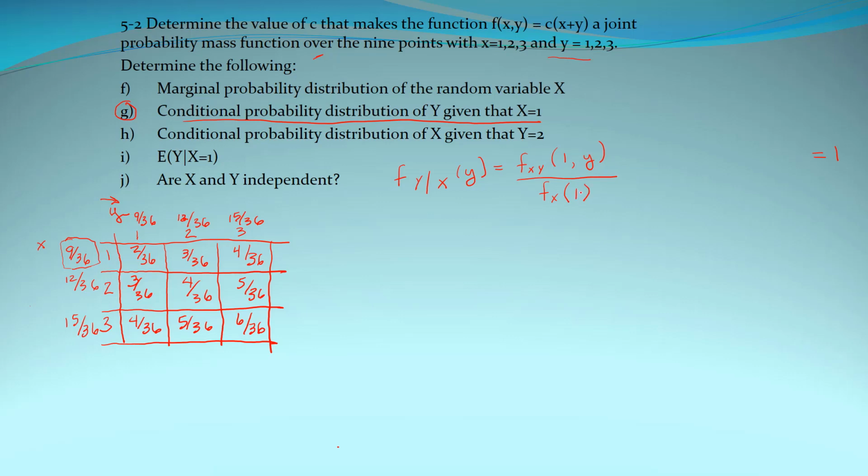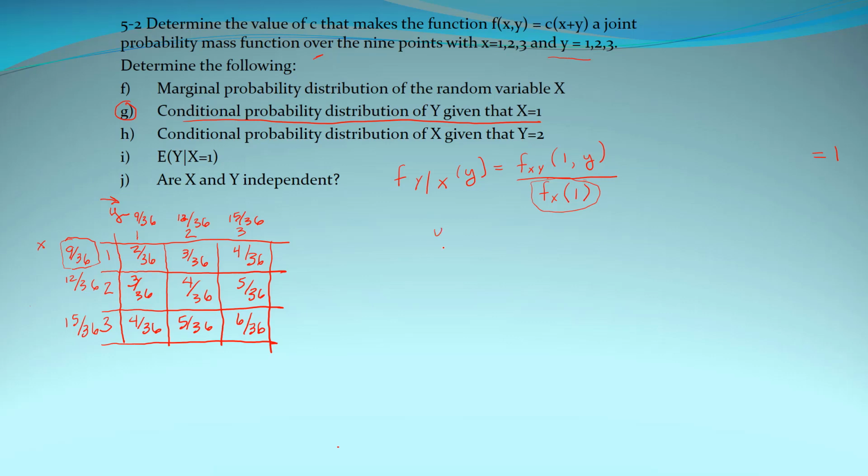Well, you kind of know what this number is, right? Because it's just the marginal probability right here, 9/36. So that's 1/4.